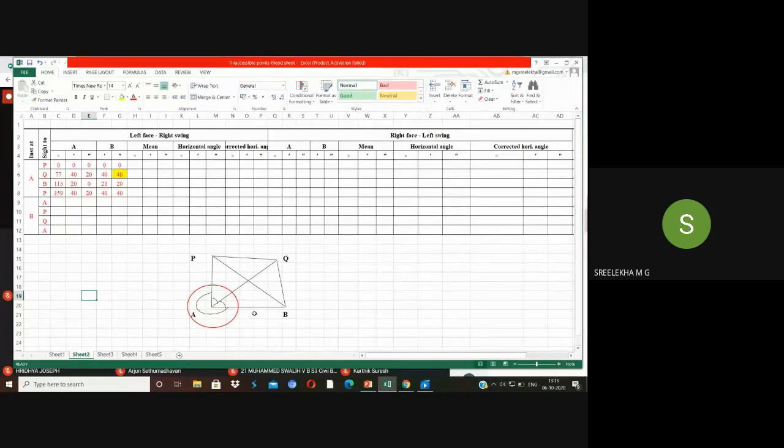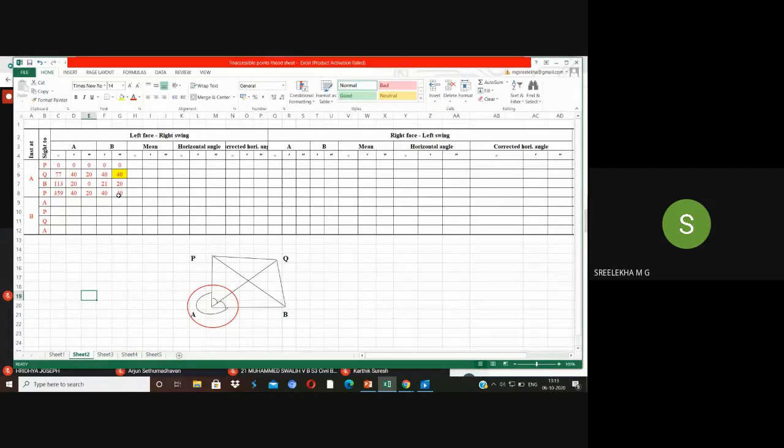Then finally you'll have to close the horizon and your initial point was point P. So to that point we'll be again closing. That's why I written here closing to the point P. So here we can see whatever be the angle it is not 360 degree, it is 359 degree, 40 minutes, 20 second. And the B vernier it is 40 minute, 40 second.